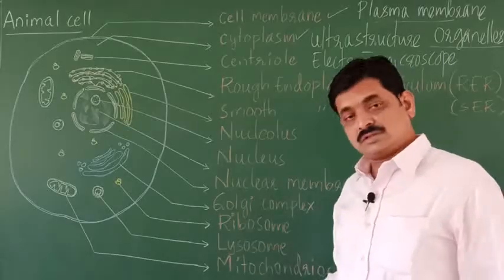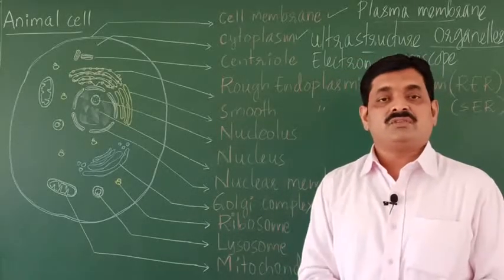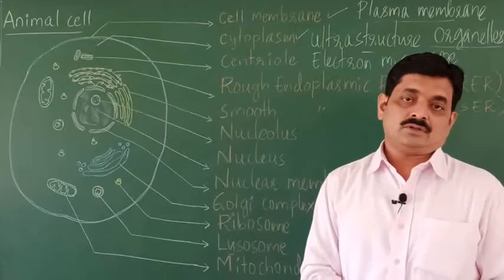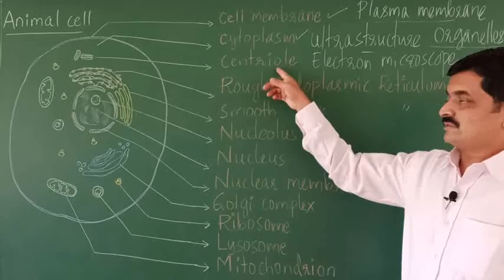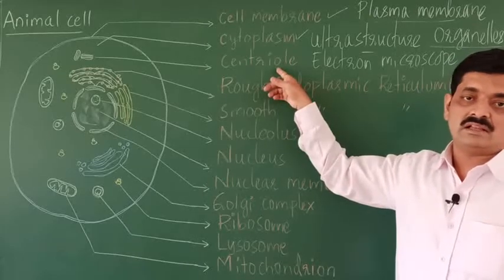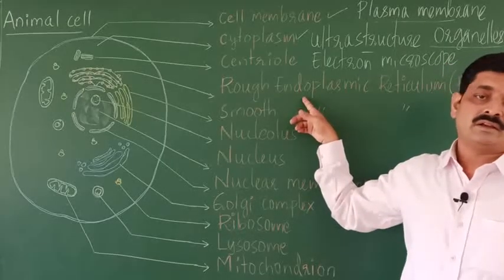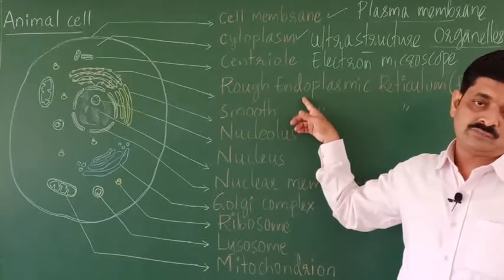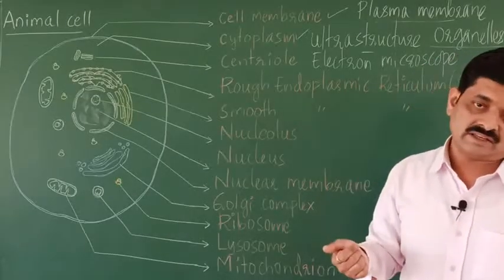Now, there are different cell organelles that you find in the cytoplasm. So which are those cell organelles here? One is the centriole. Centriole is a cell organelle. Similarly, the endoplasmic reticulum is also a cell organelle.